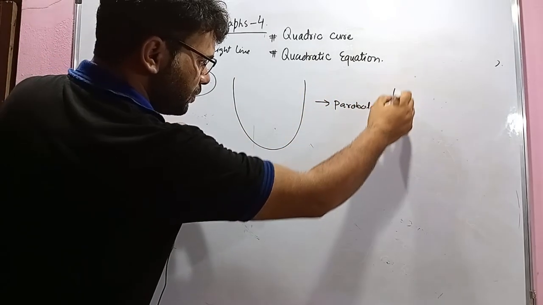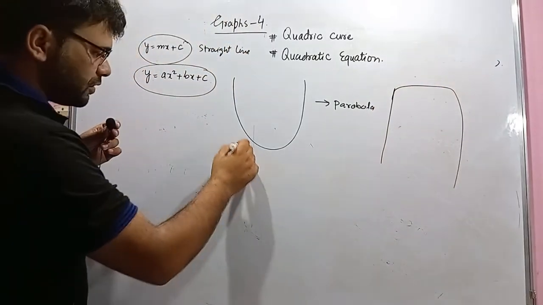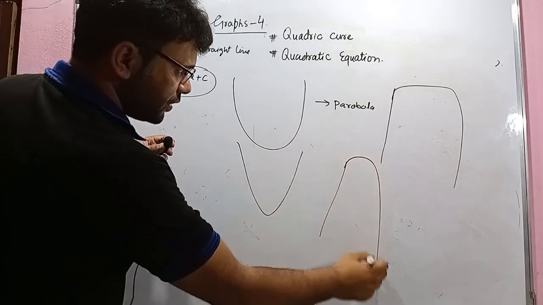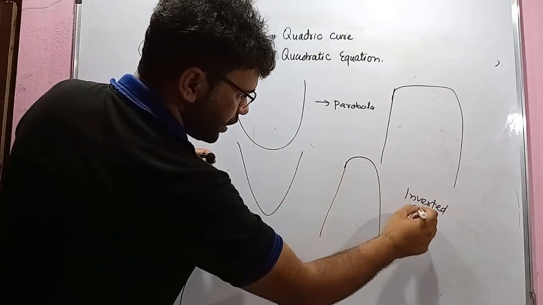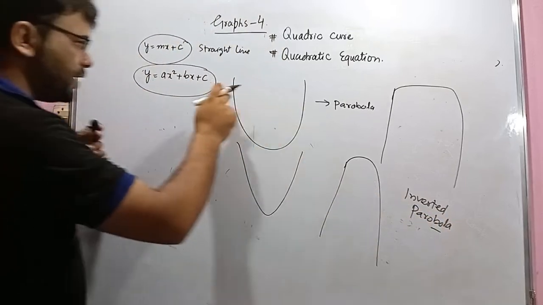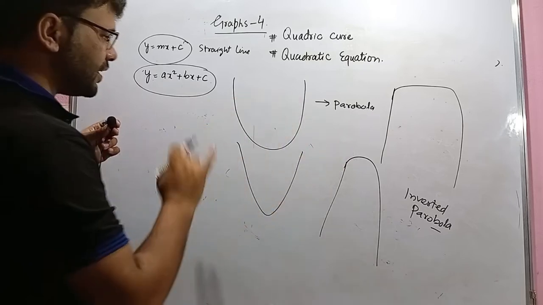And sometimes it will be inverted U-shape like this. These are called inverted U shapes or inverted parabola. Now when it is U shaped, that's parabola, and when it is inverted, that's inverted parabola.